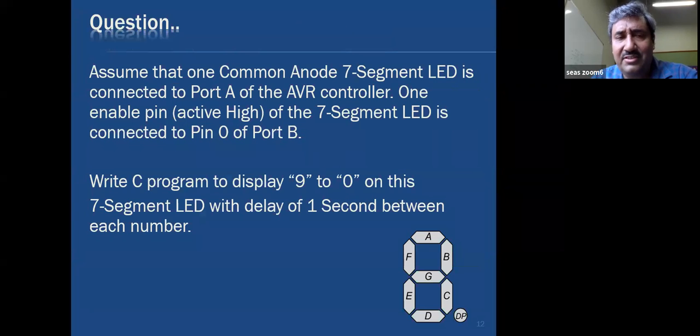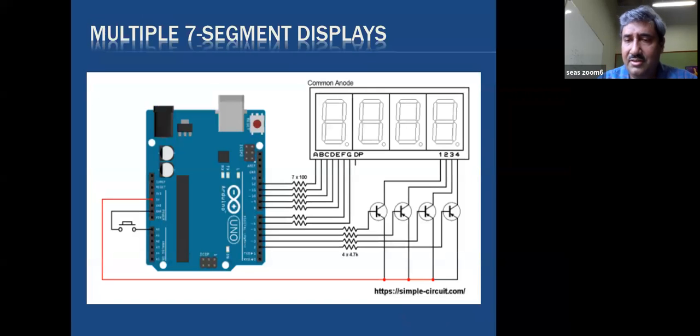And if you go back to our questions, one enable pin is involved. That enable pin will activate that 7-segment LED. So that one enable pin is designated here on the right-hand side. For the 4 of them, 1, 2, 3, 4, we have one enable pin each, and we control it through another IO pin. In this case, it is Arduino.